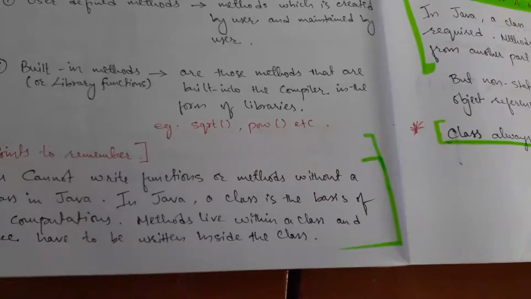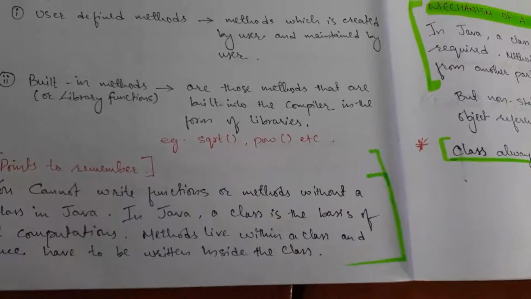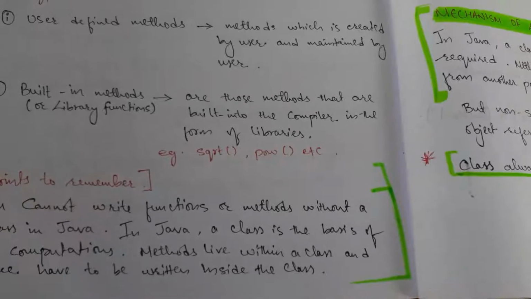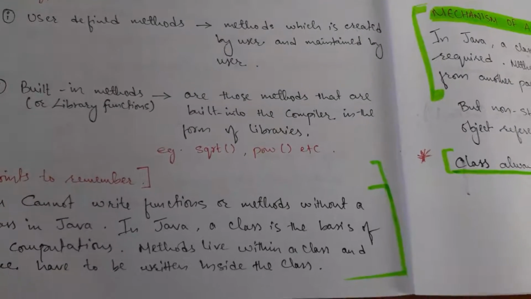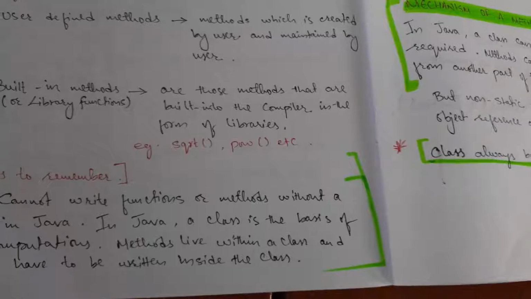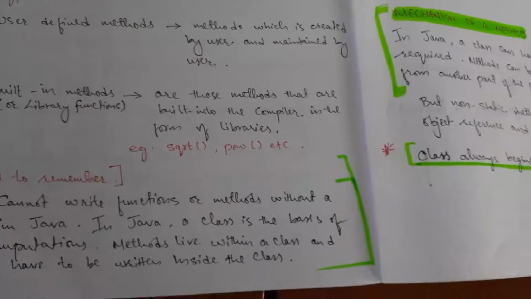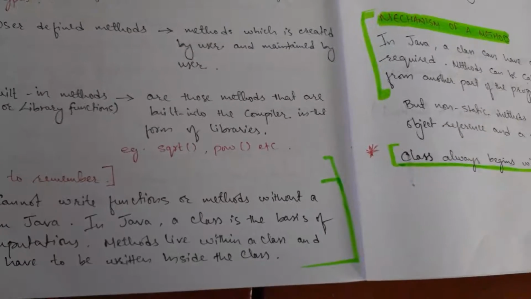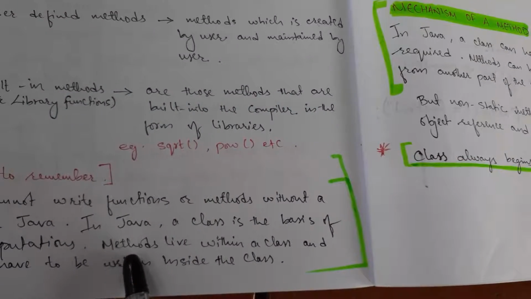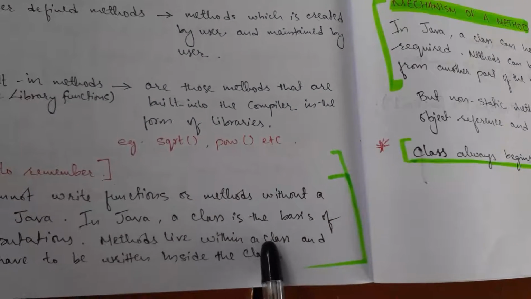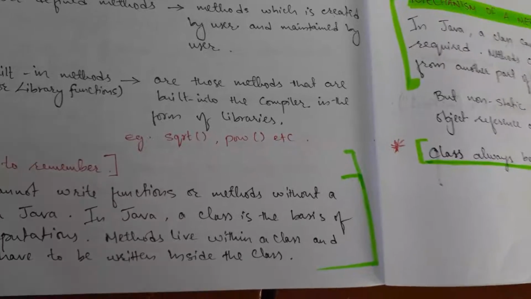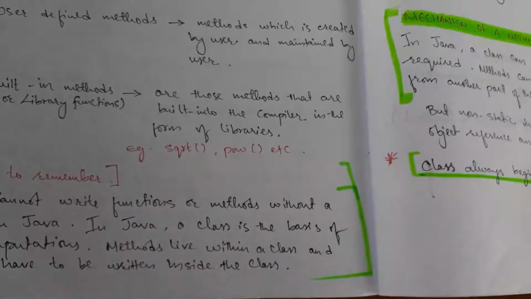Methods live inside a class means the program runs with the help of the class, and whatever is written as a statement will be inside the class only. So the method also will be inside the class. That is why the line says that methods live within a class, meaning a method also has to be written inside a class only.